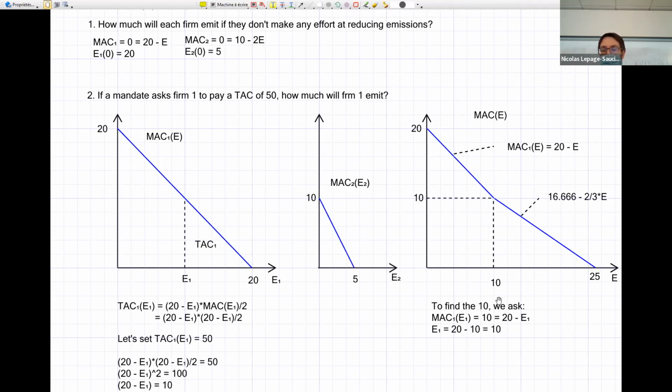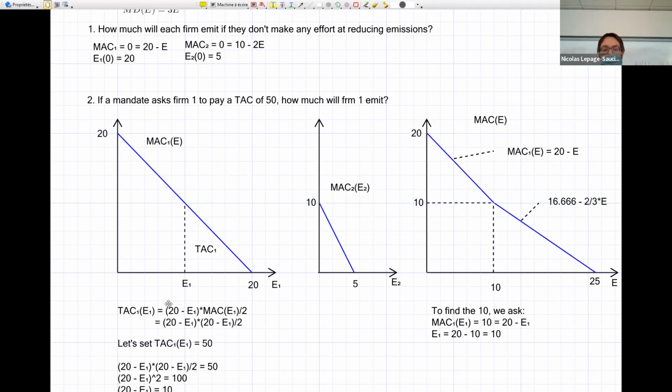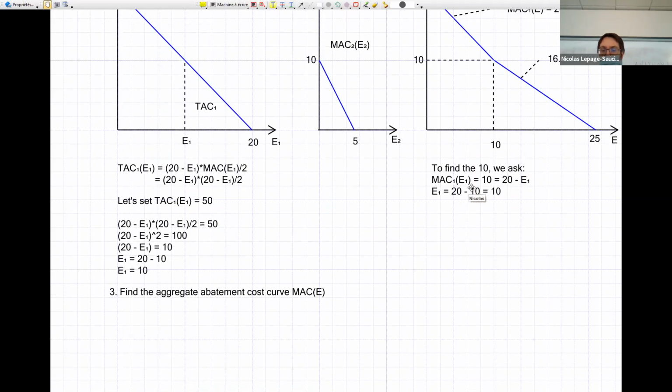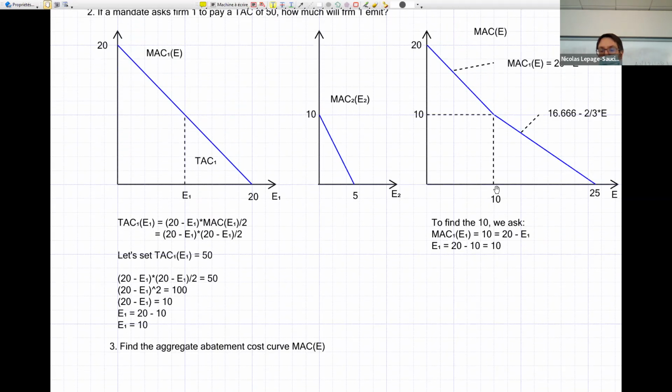To know this value, you must look at where MAC1 is when emissions are 10. You compute MAC1 of E equals 10. You find out that E1 has to equal 20 minus 10, so 10. So here this is 10.